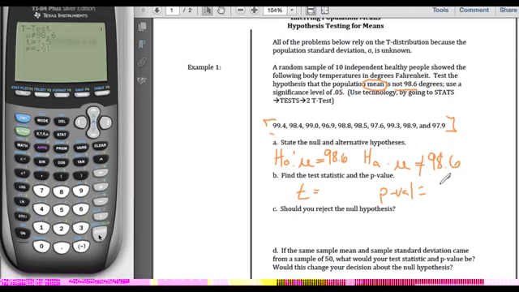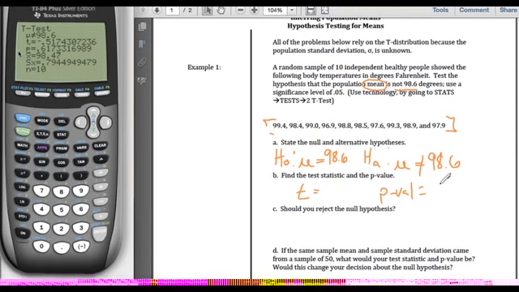If I go down to calculate, my t, or my t-score, is negative 0.52 if I round that to 2 places. I'll treat this t sort of like a z-score, so I'll round it to 2 places typically. And my p-value would be 0.6173.